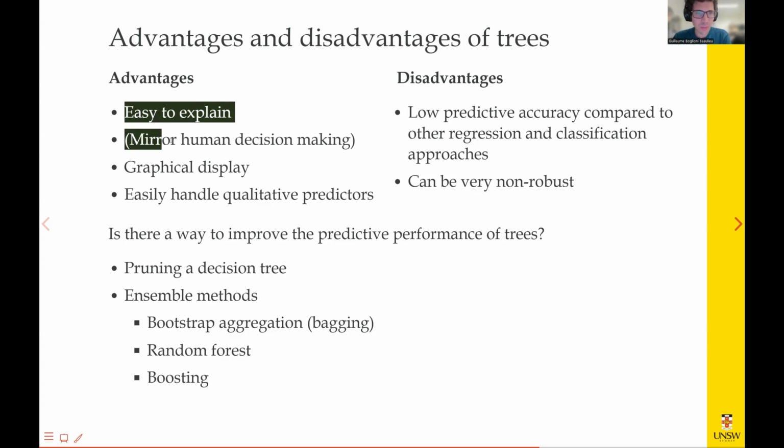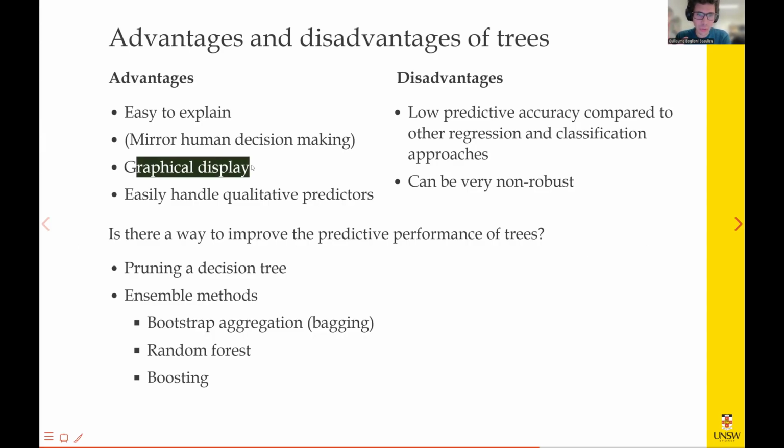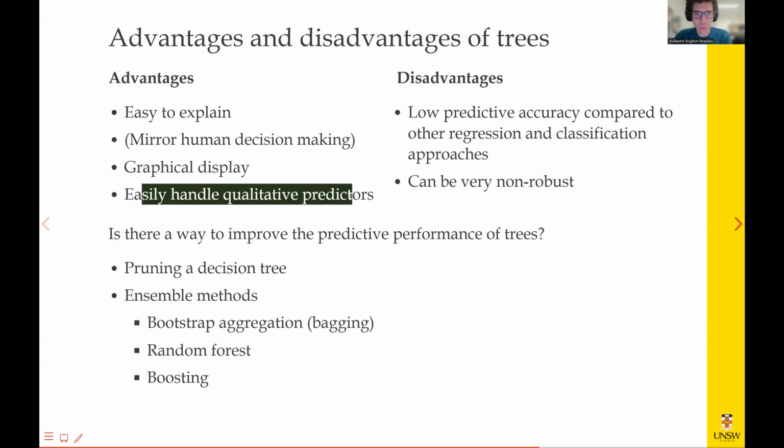You could say maybe that it mirrors human decision making because, again, at every internal node, you make a yes/no decision, and that is maybe how humans think. Then you can display a tree on a single chart that is again quite easy to interpret. And a tree easily handles qualitative predictors. So there's no problem having qualitative variables, I mean variables that have a set number of categories, in addition to, of course, dealing with quantitative predictors.